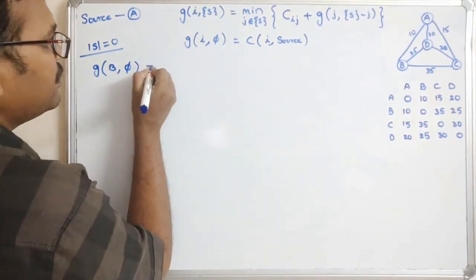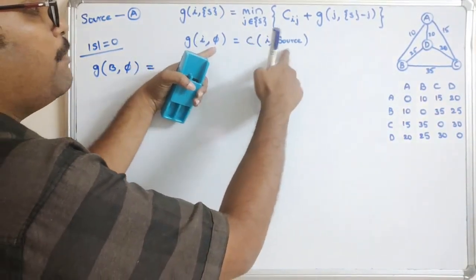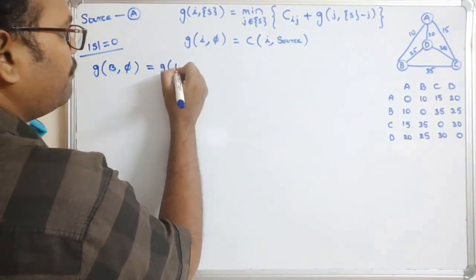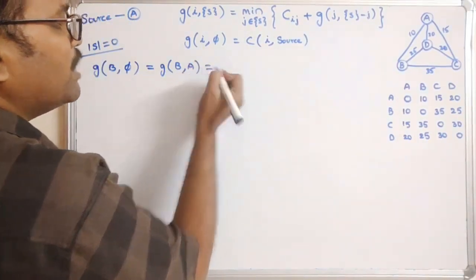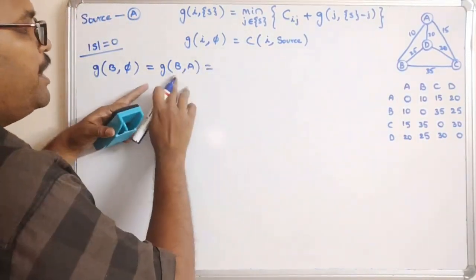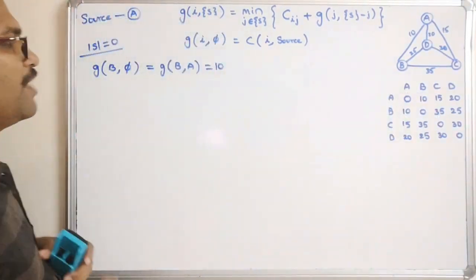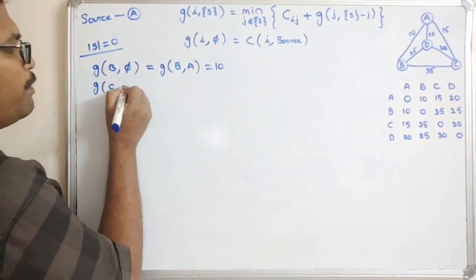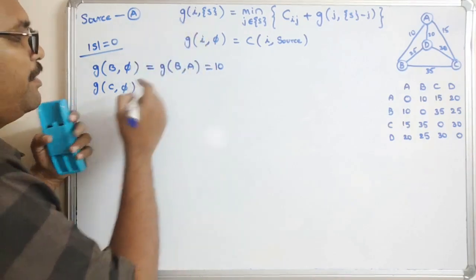Now what happens? See, if the set is empty, then i comma source. So this will be G of, what is i here? B, comma, what is the source? A. So what is the cost here? B to A, it is 10. Similarly, there is a possibility of C with phi, no element.